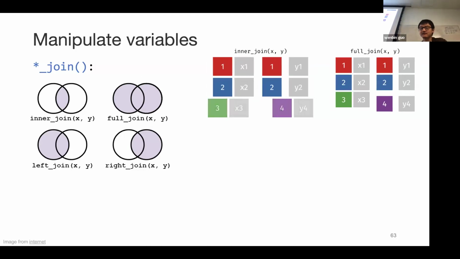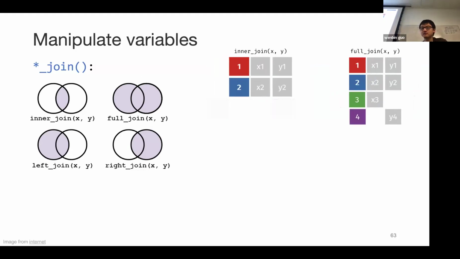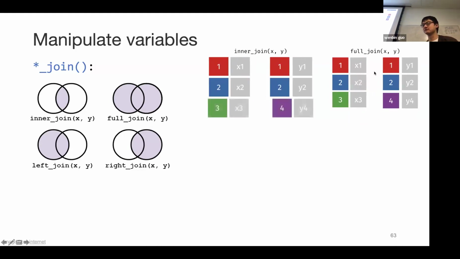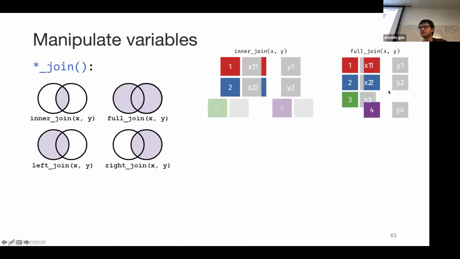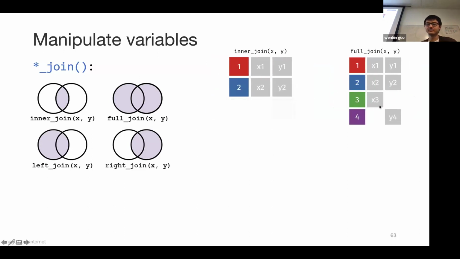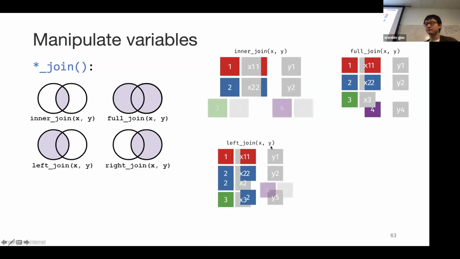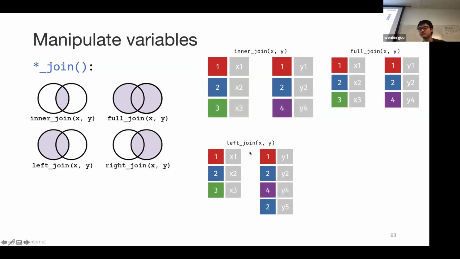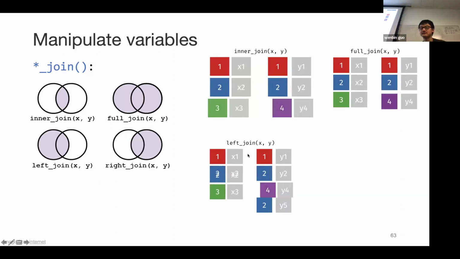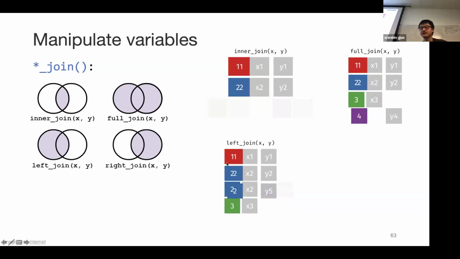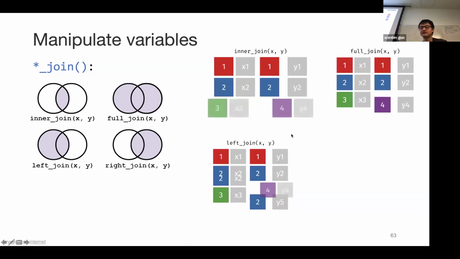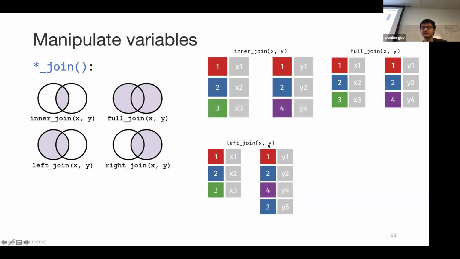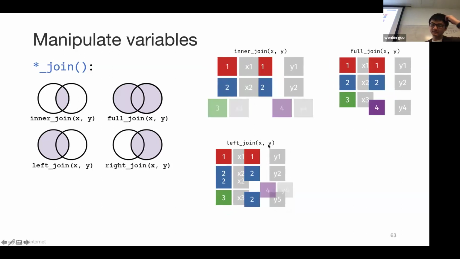There are also some other join functions. In the full join, basically every observation is considered, and if it's not found in one data set, it will have a missing value, which is shown as empty here. And we can also use the left join and the right join. The left join uses the left-hand side data frame as a reference and fills in the rest of the values from the right.